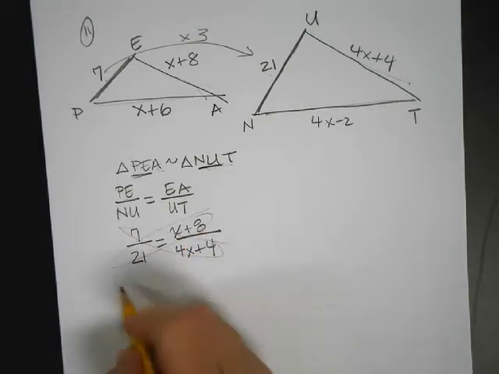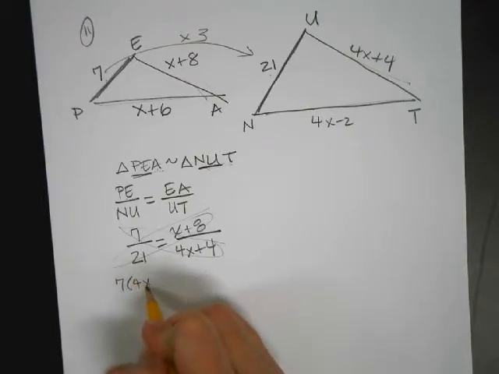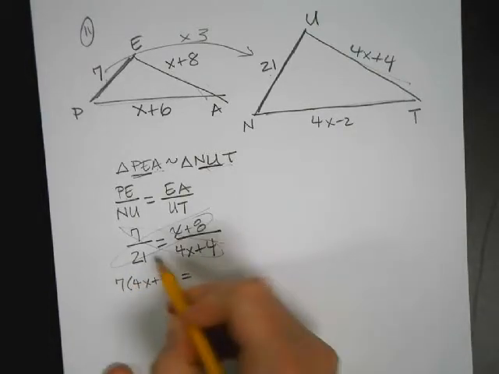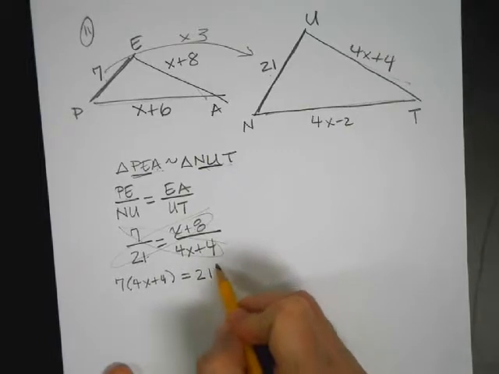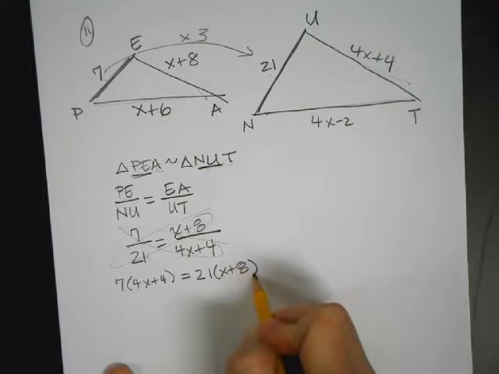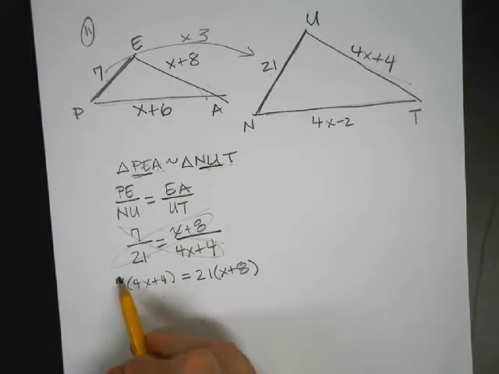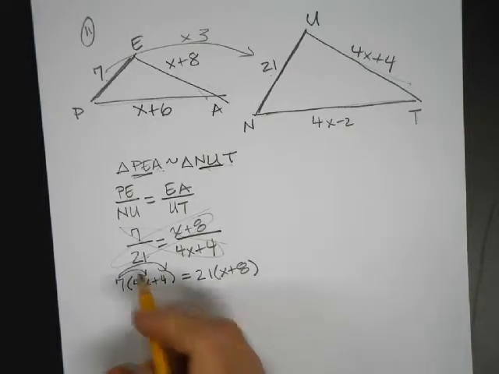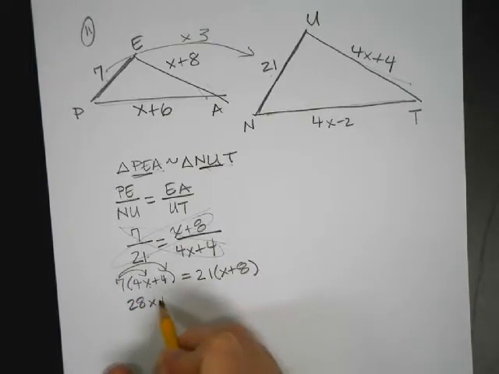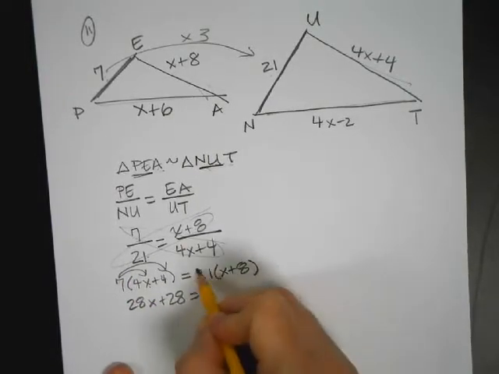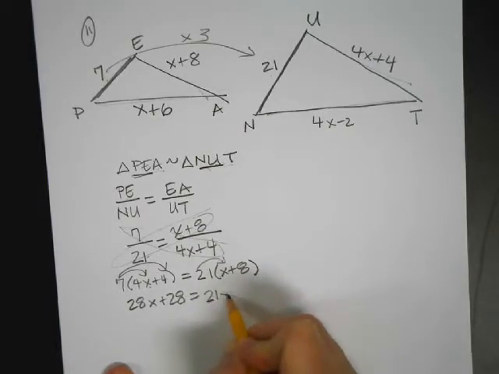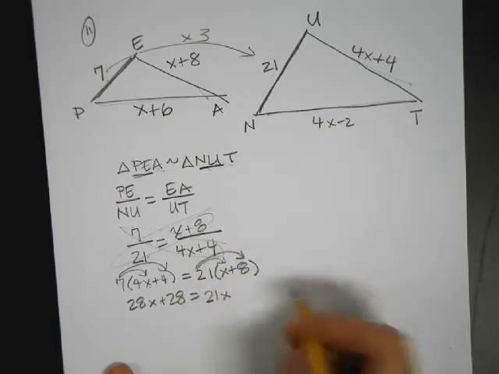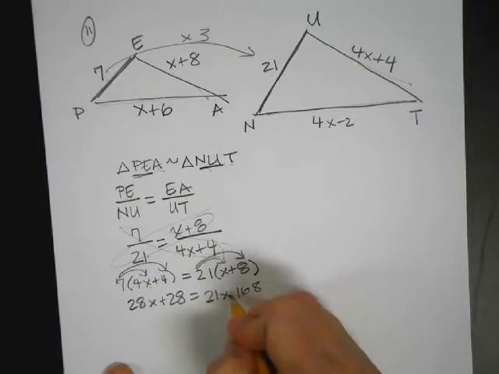That gives me 7 times 4x plus 4 equals 21 times x plus 8. Then I'm going to distribute. So 7 times 4x is 28x. 7 times 4 is 28. 21 times x is 21x. 21 times 8 is 168.